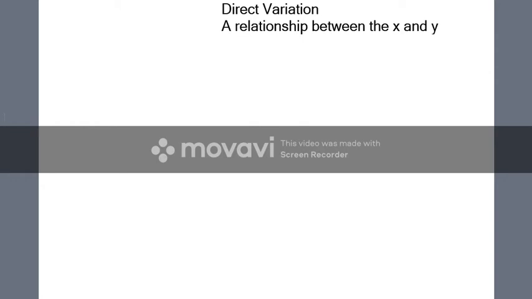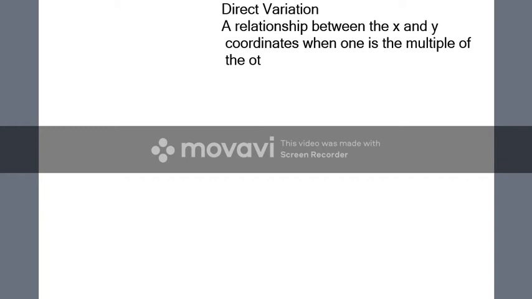Can you guys see this? Alright, there we go. The x and y coordinates when one is a multiple of the other.